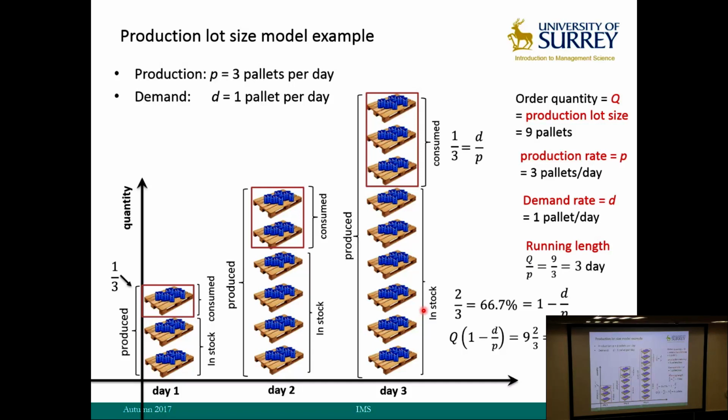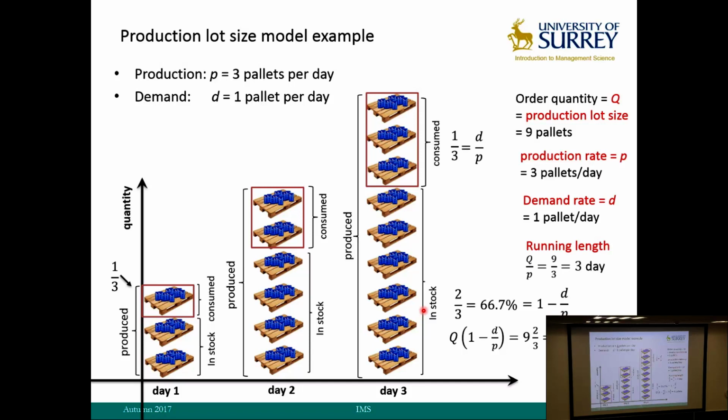And so think about it: Q is the total quantity we produced in 3 days. And how many remained after 3 days? That's 1 minus D over P. D over P is actually the consumed ratio. D is 1 and P is 3.